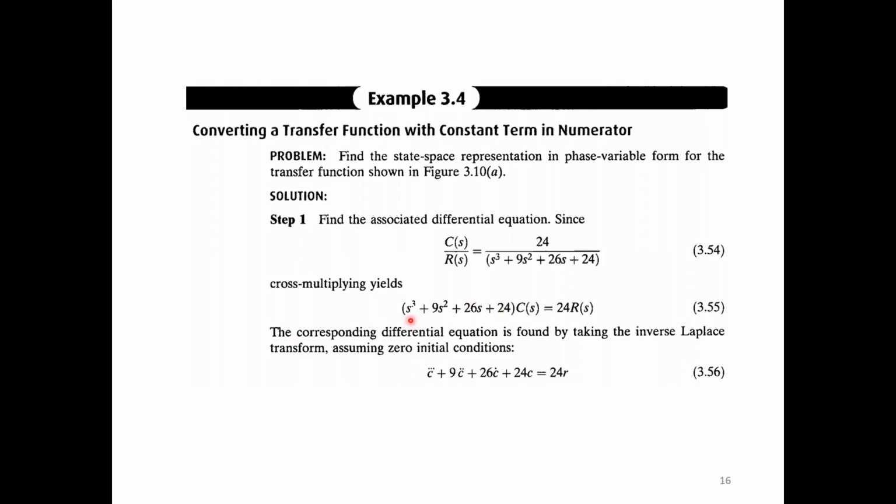So to get the differential equation, just invert this one. s cube means triple dot, s square means double dot, s means single dot. Like this way, cross multiplying here.